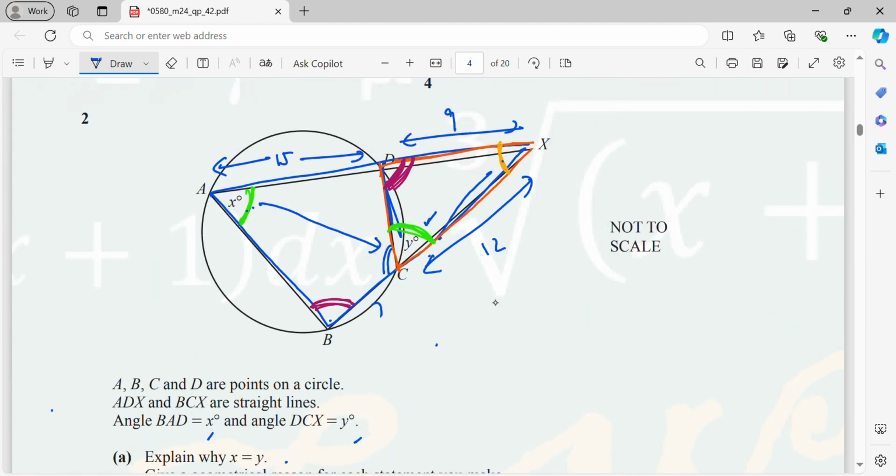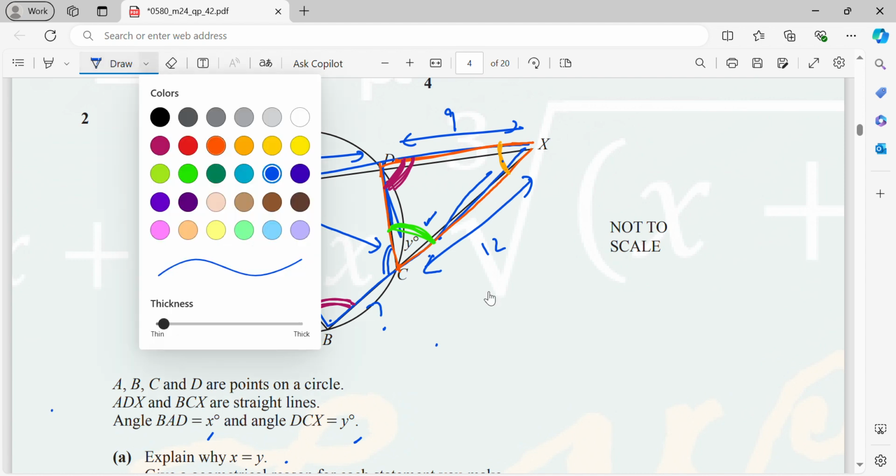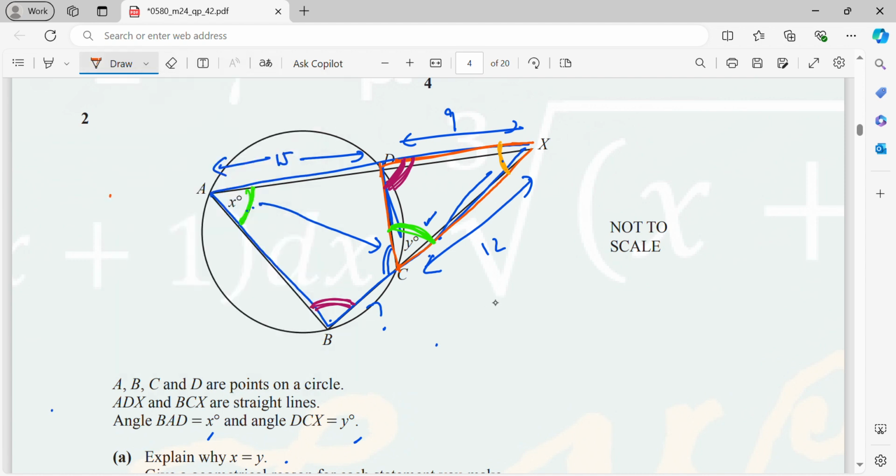So when you refer to this triangle, AB is joining X and the purple angle.